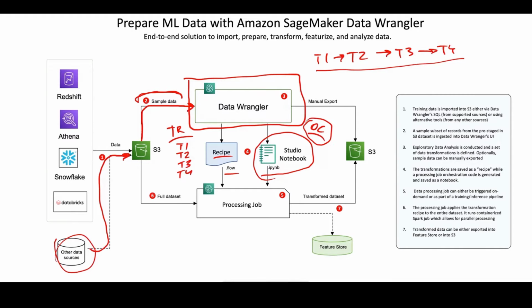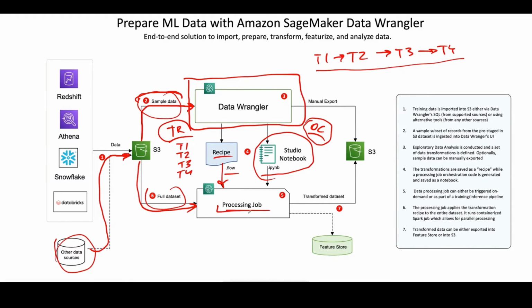This orchestration code will have all the logic necessary to start and run a processing job. This processing job will take the transformation recipe, and then it will run against the entire full data set. So even though we sampled the data to create our recipe, the actual processing job that we will run will do so against the entire full data set.